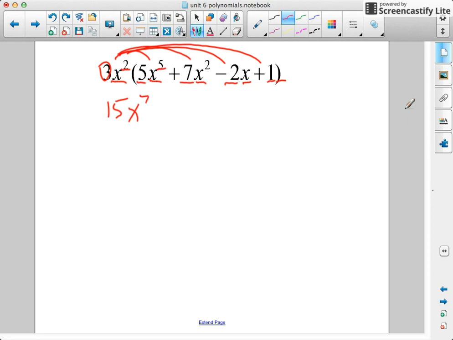So 15x to the exponent 7 plus 21x to the exponent 4 minus 6x to the exponent 3, because that one has an exponent of 1. So 2 plus 1 is 3, plus 3x squared.